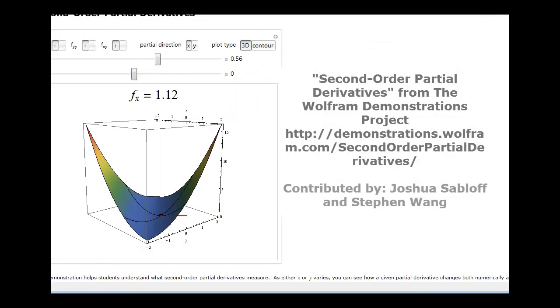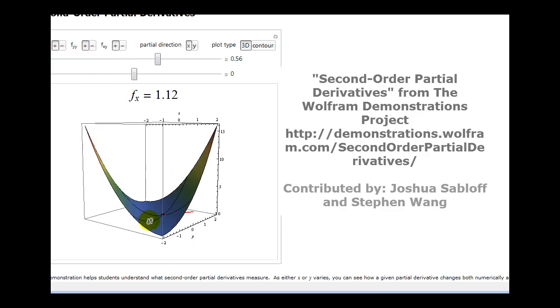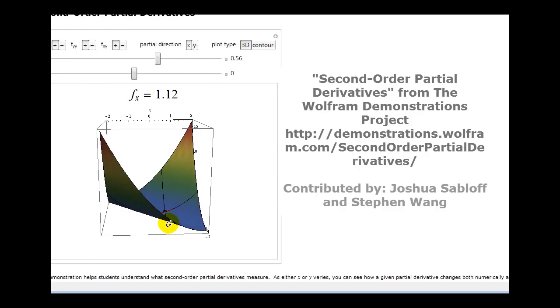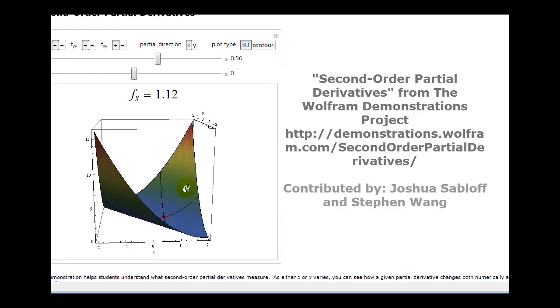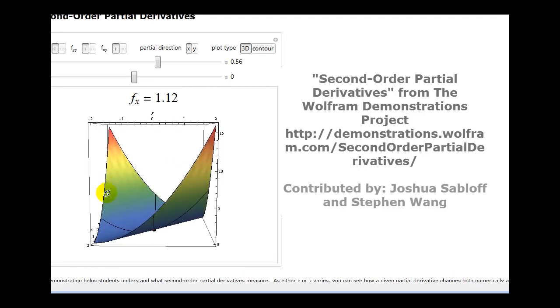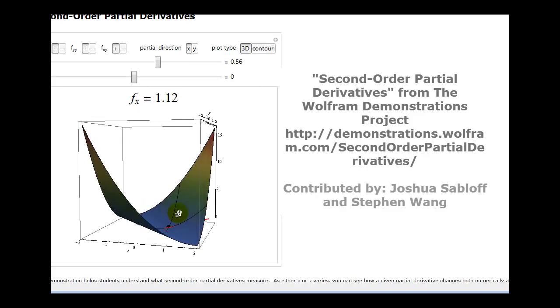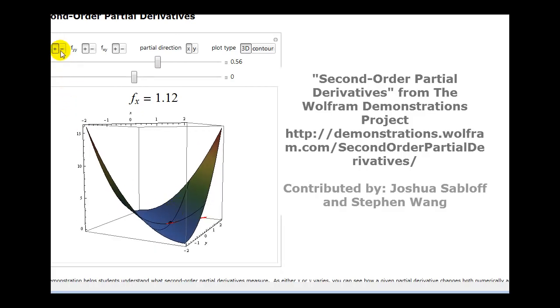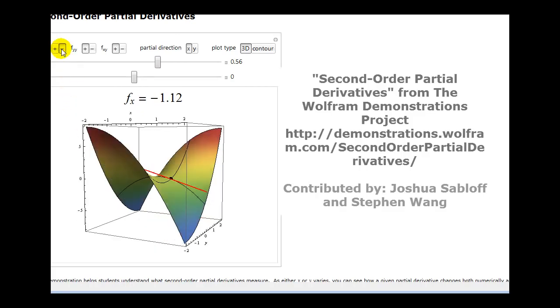Right now we have fxx and fyy are both positive, meaning in the x direction, as we see here, the surface is concave up, as well as in the y direction, as we see here. Now let's go ahead and change it so that fxx is negative and fyy remains positive.